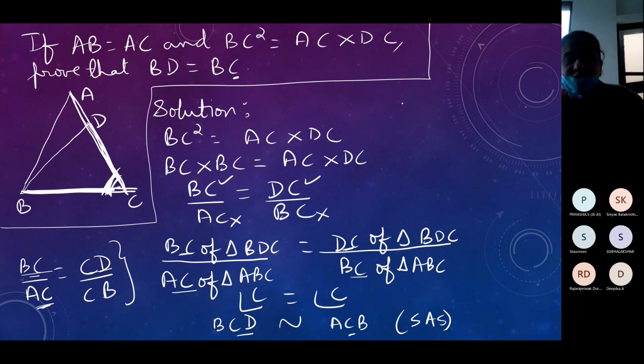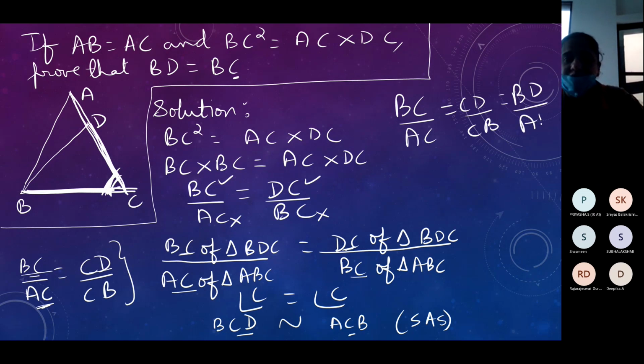Now what's the proportion you get? BC by AC is equal to CD by CB is equal to BD by AB. Now what is given? AB is equal to AC.